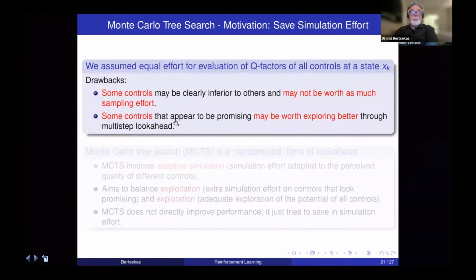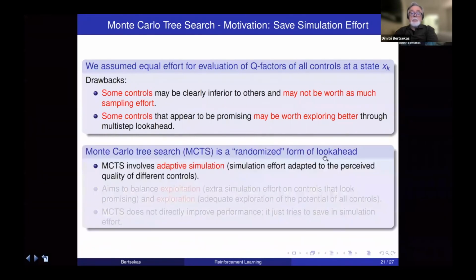Also, just as some controls can be clearly inferior, some controls may also appear to be promising. On the basis of some limited simulation, they seem to have nice Q factors. So they may be worth exploring better through the use of multi-step look-ahead. That's another idea involved in Monte Carlo Tree Search.